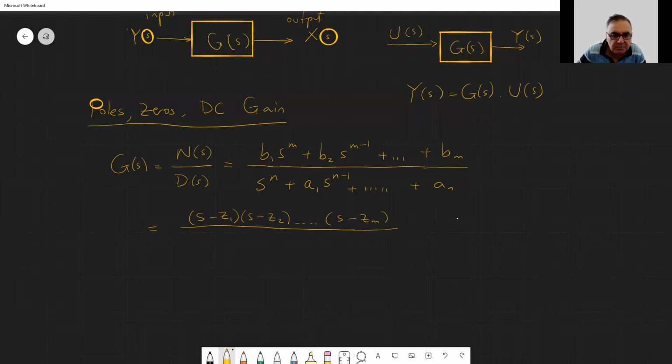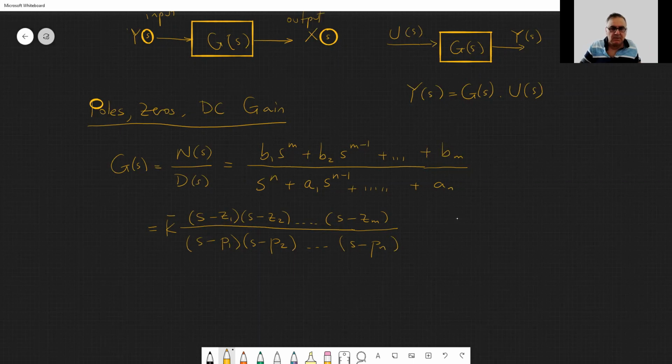So we have m roots in the numerator and n roots in the denominator, and there has to be some kind of constant parameter in front of that. Let's call it k bar, which is not very important for us, but it is necessary, as we will be seeing.